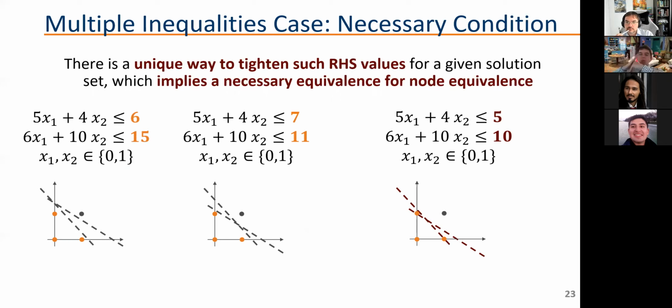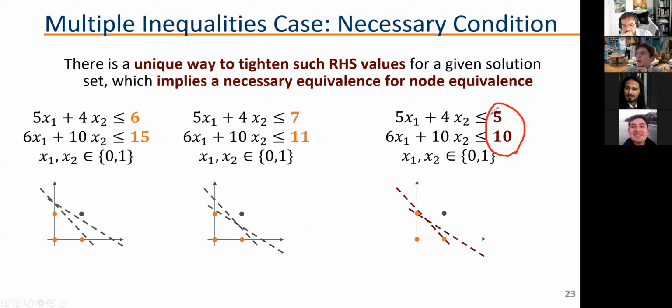Basically, each one of these constraints is touching one of the solutions. Then we're going to achieve a unique right-hand side value. So no matter which values you have in the right-hand sides, if you explore the problem, you know exactly what's the smallest value that you need for each one of the right-hand sides, so that nothing here is separated. So these values here are going to be unique.